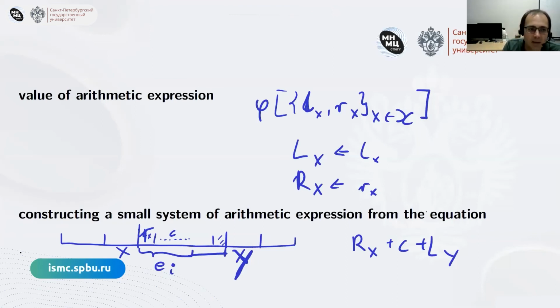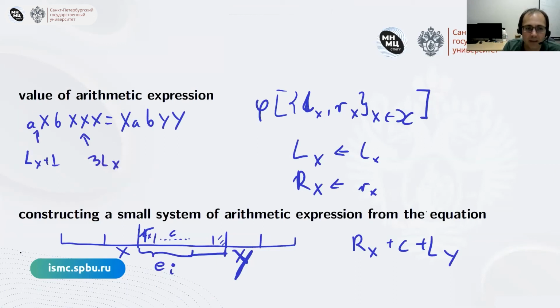For instance, in our equation, the one that we had before, x equals x y b y y y, here the arithmetic expression would be l_x plus 1. This one is 3 l_x. This one is again l_x plus 1.